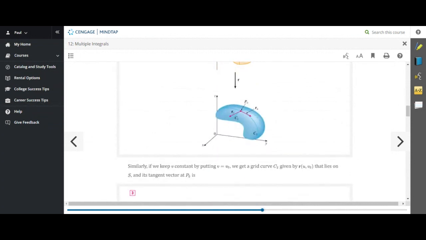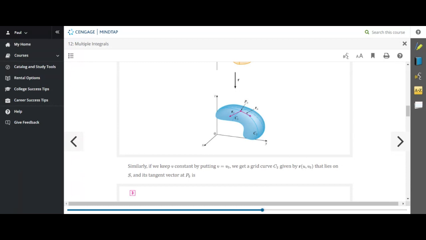You see a point on the surface for a particular value of u, which is u sub 0, and a particular value of v, which is v sub 0. Now you have these tangent vectors, r sub u and r sub v. Those are tangent vectors to the point p sub 0 on the surface.